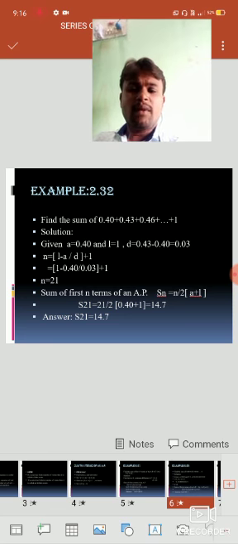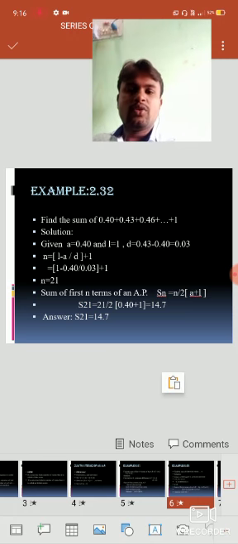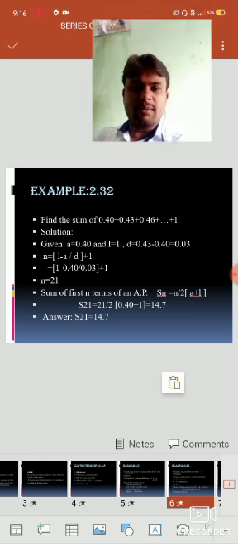Here the sum of the first n terms of an arithmetic progression, when the last term is known, has the formula Sn is equal to n by 2 times (a plus L). Here n value is 21. So substitute n value 21 by 2, and a value 0.40 plus L value 1.